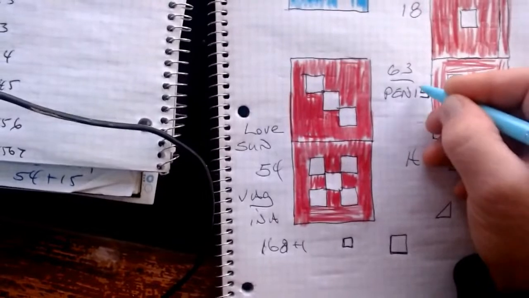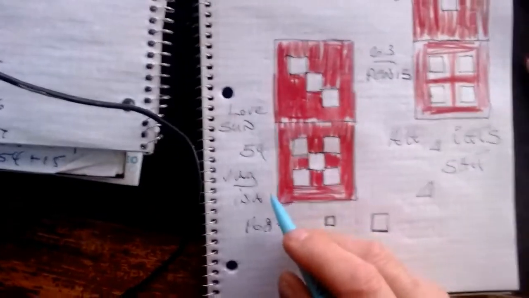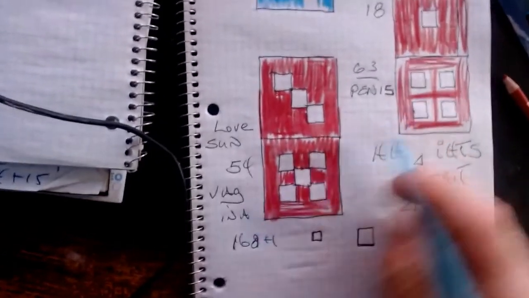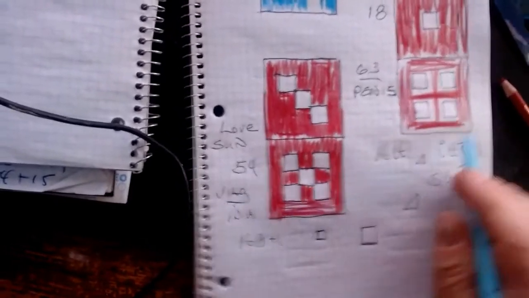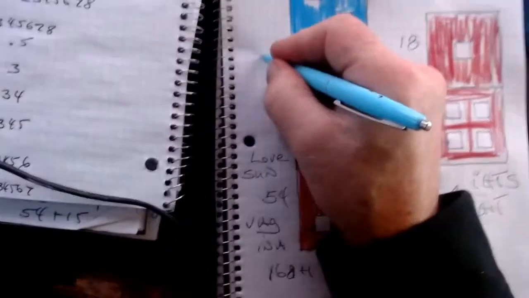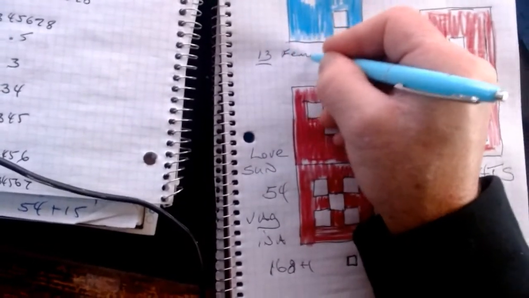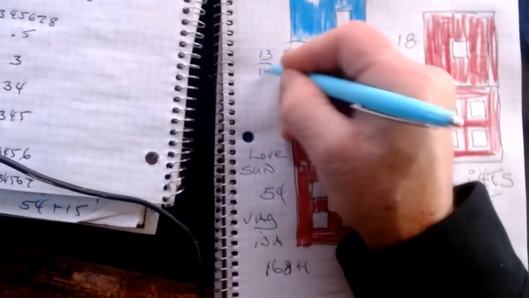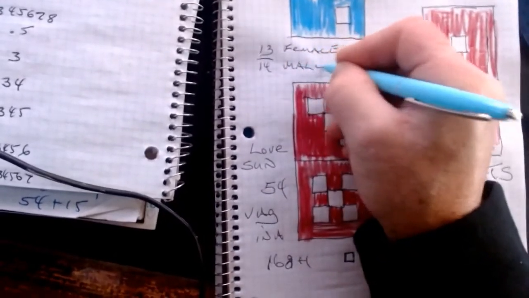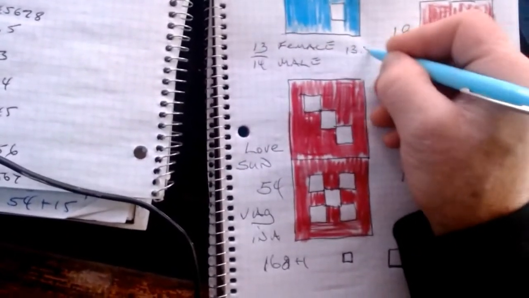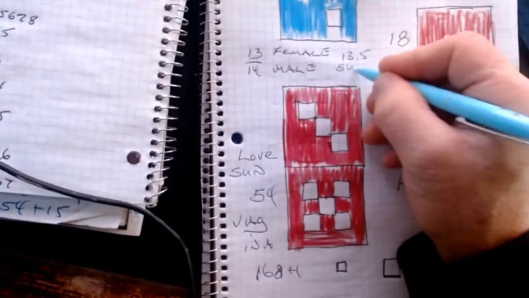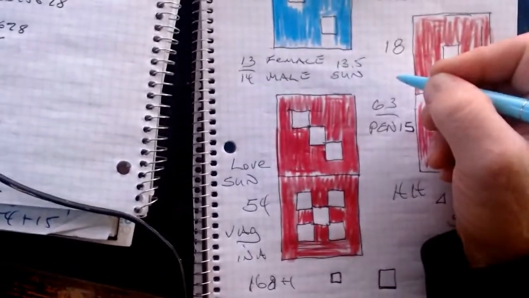This is the pen 15, and this one is in VAG. Together, that's what they say. So the 4 and 5 come together, and it just so happens that 13 becomes the female, and 14 becomes the male. They match it, 13.5, REM sleep or SUN, if you want to look at it that way.